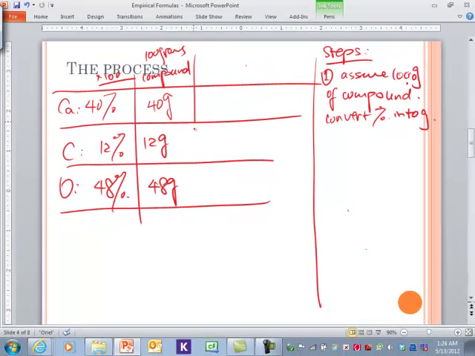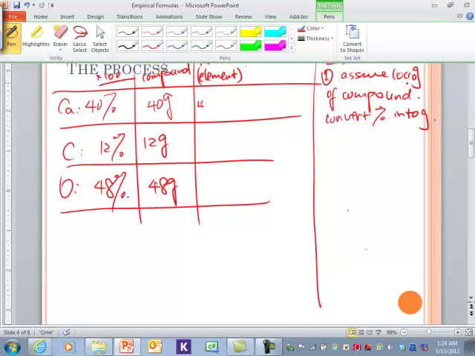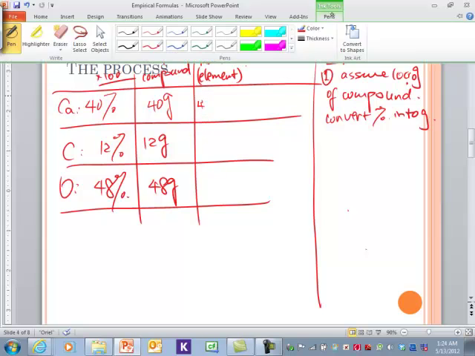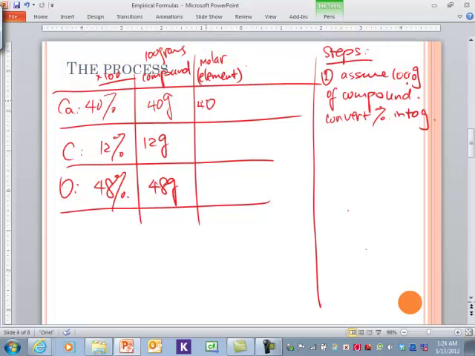Okay, and now you can see molar mass for each element, and you can readily obtain that from the periodic table. That would be 40 grams per mole for calcium, 12 grams per mole for carbon, and 16 grams per mole for oxygen.